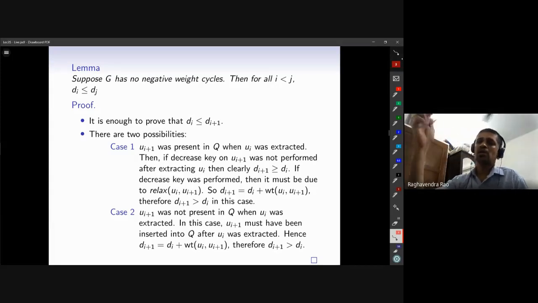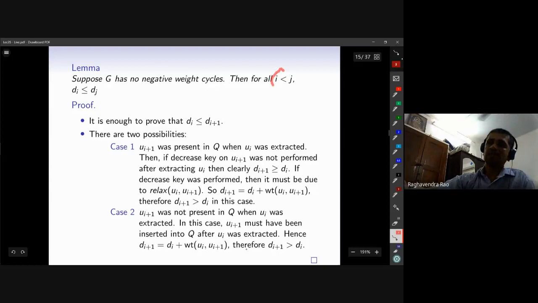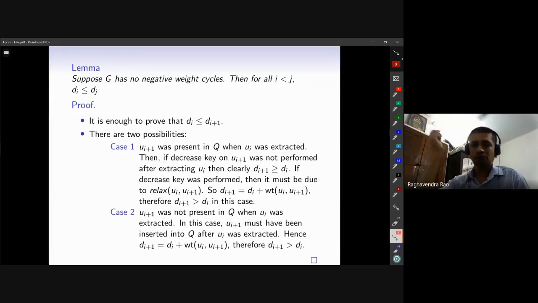To be precise, for all i less than j, d_i, that is the distance value for the vertex extracted at the ith iteration, is at most d_j, the distance value of the vertex extracted at the jth iteration.